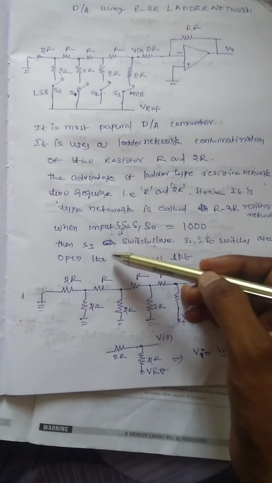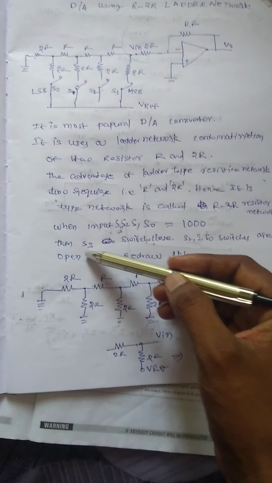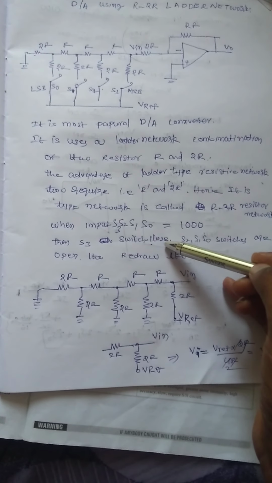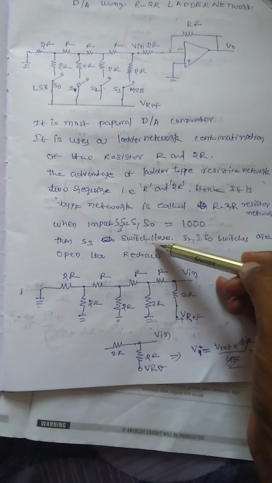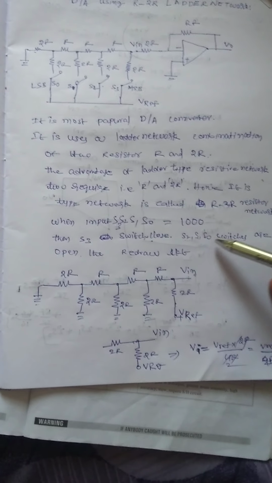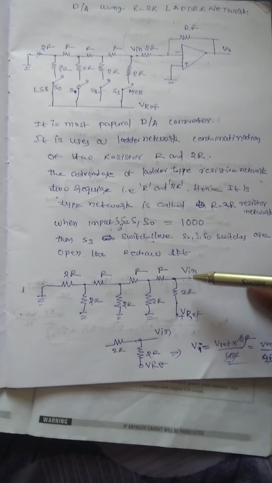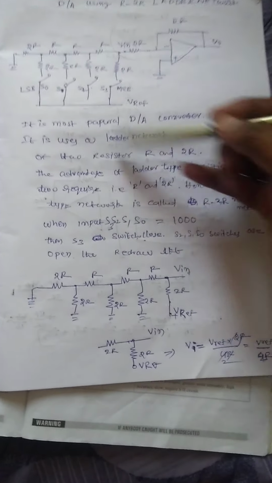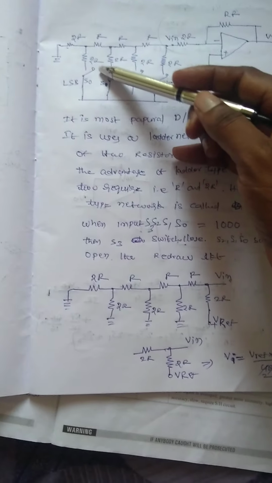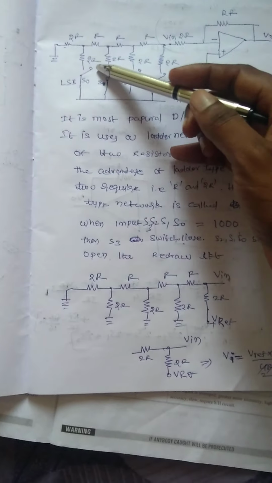When S3 is switched on, the switch is closed, and the remaining switches are open circuit. So we can redraw this circuit like this. This 2R is grounded because S0 is open circuit.